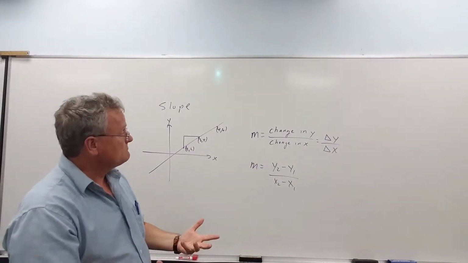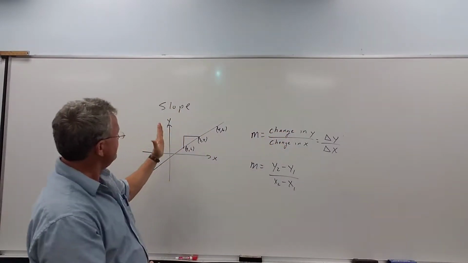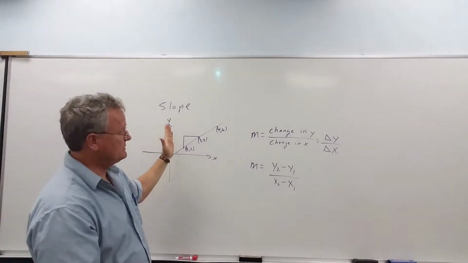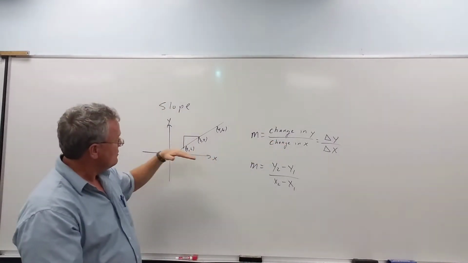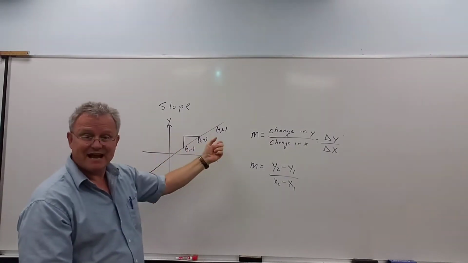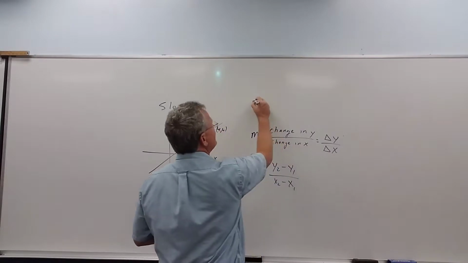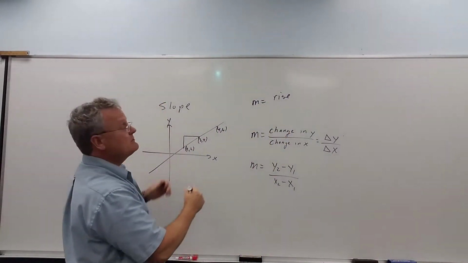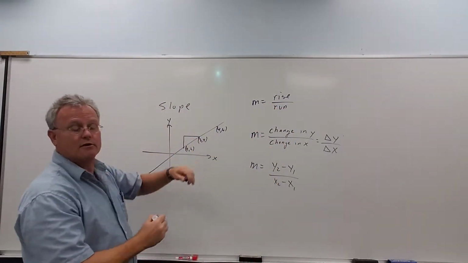Now the actual definition of the slope is the change in y, the change up and down, or the vertical change, divided by the change in x, or divided by the horizontal change. Some people remember this as the rise, up and down, over the run, okay?